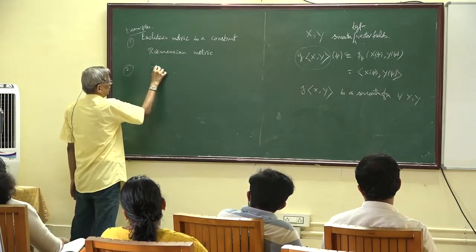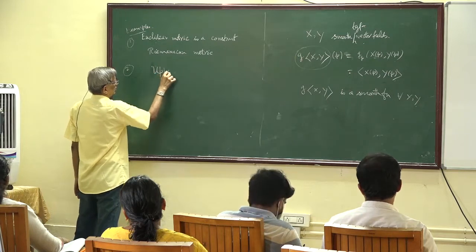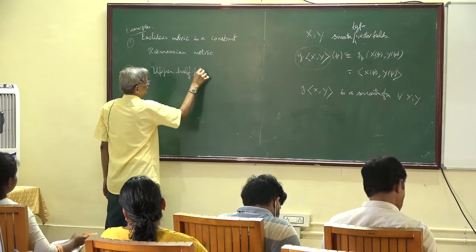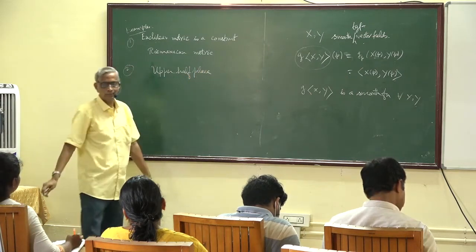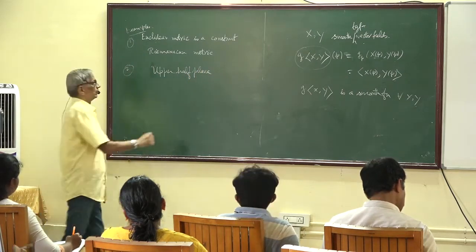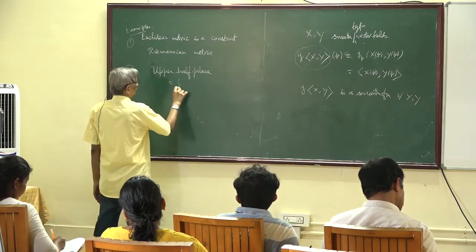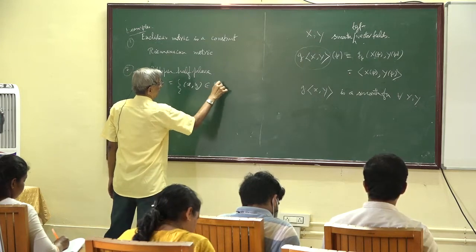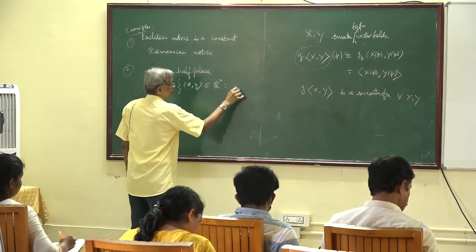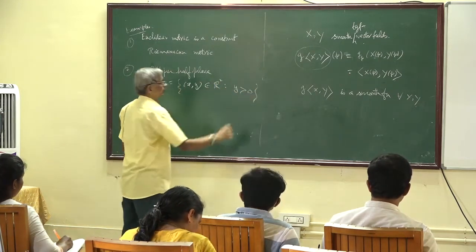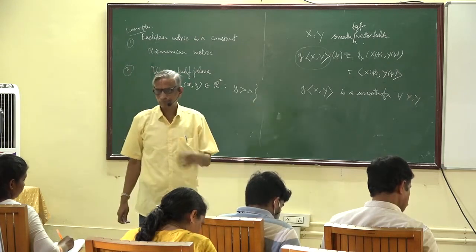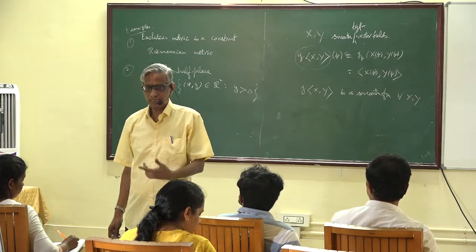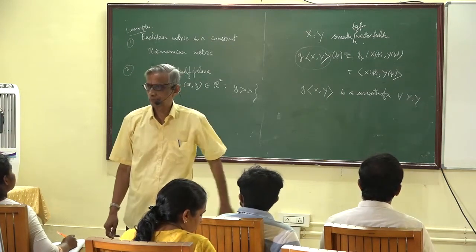You look at the upper half plane. So this is (x,y) in R2, y greater than 0, or in terms of complex numbers, z in C, imaginary part of z positive.